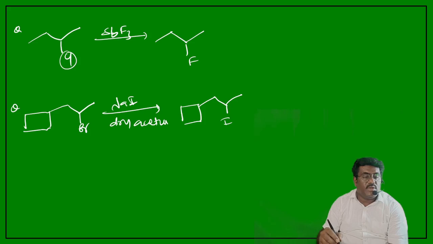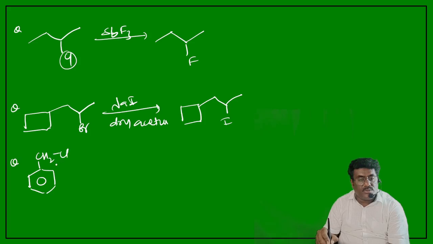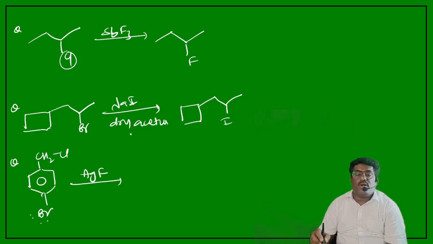Let's look at one more example: benzene with CH2Cl and Br, in the presence of silver fluoride. What is the product? Chlorine is there, bromine is there.